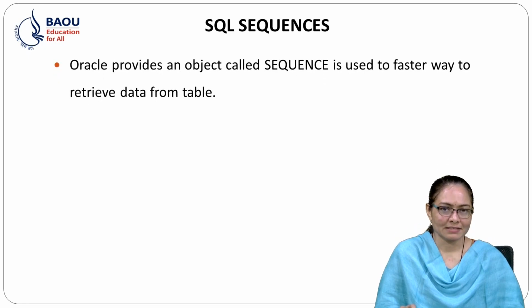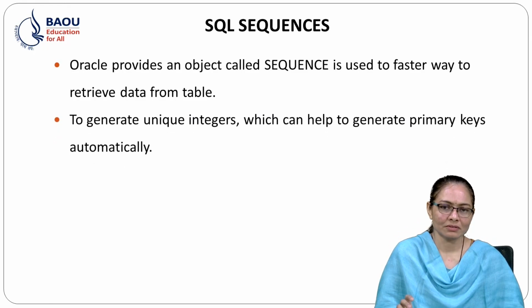Oracle provides an object called a sequence, which is used as a faster way to retrieve data from the table, and to generate a unique number which can help to generate the primary key automatically. We can create a sequence on a table column, and we can't insert data values for this column.